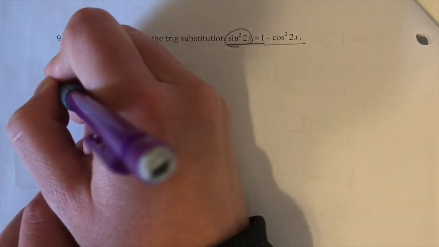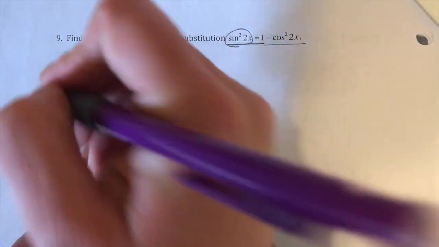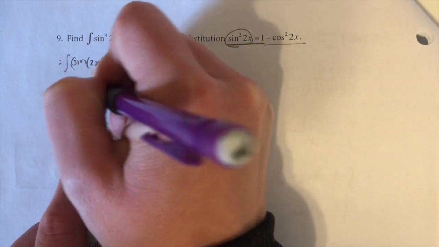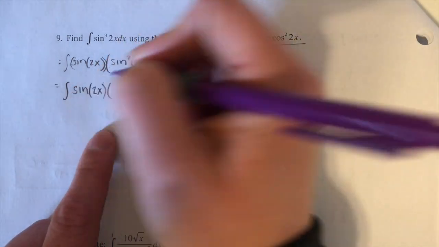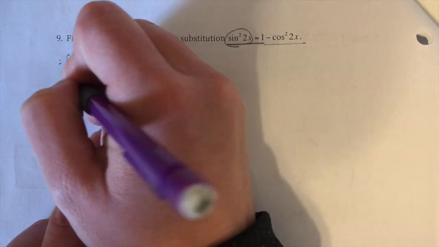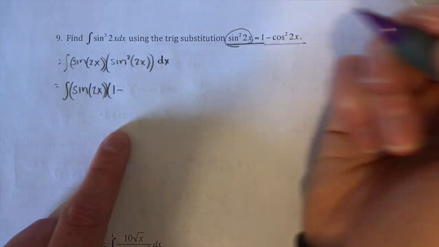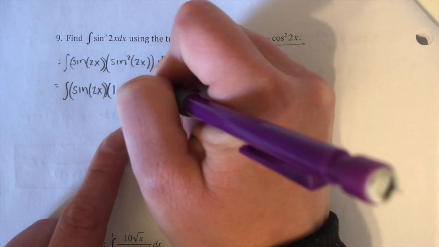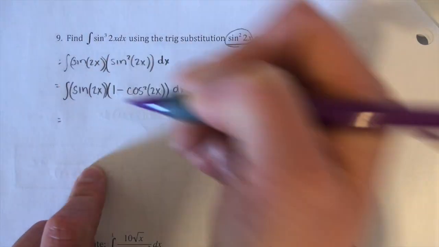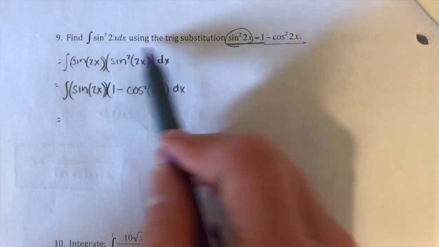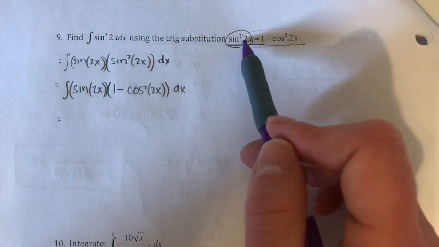Okay, notice how this is equal to this. Can't forget my dx. So I'm going to leave that sine 2x, and then I'm going to multiply that whole thing with 1 minus cos squared 2x. And generally, if it wants you to do something complicated like this, it'll tell you.